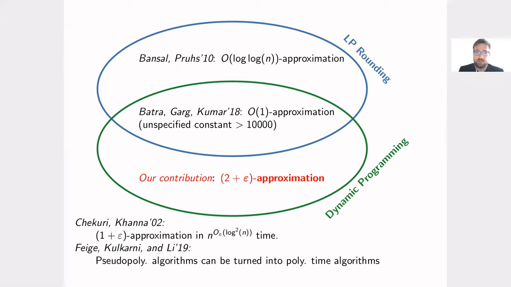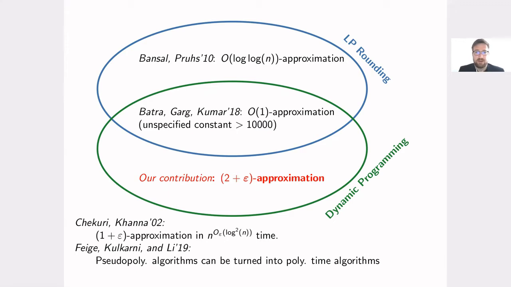This was then improved by Batra, Garg, and Kumar, who recently gave the first constant approximation algorithm. And this algorithm is obtained by combining an LP rounding technique and, on the other hand, a novel dynamic programming idea.